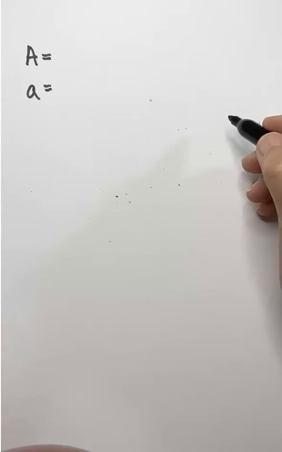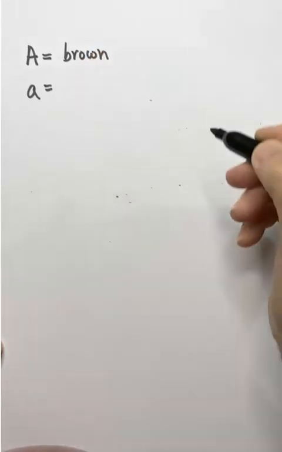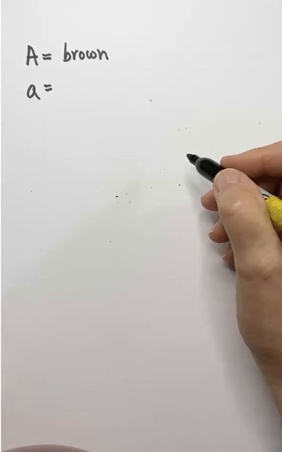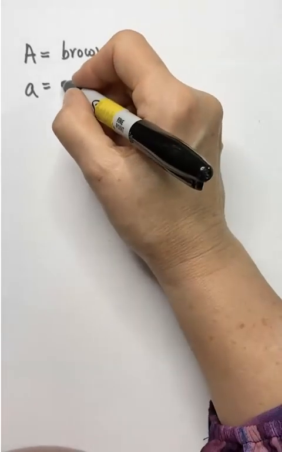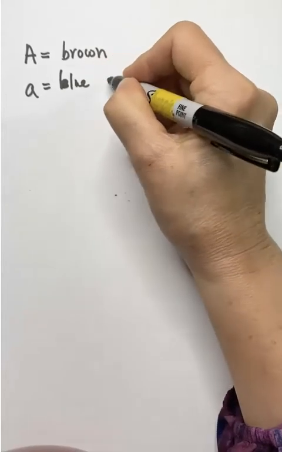So we're representing eye color by A's. Capital A tells you that this is a dominant allele. You use a capital letter to show you that it's bigger and more powerful. So in our example, capital A could mean brown eye color because that is dominant over blue eye color. Little a could represent a recessive type of eye color, and that would be blue eye color.